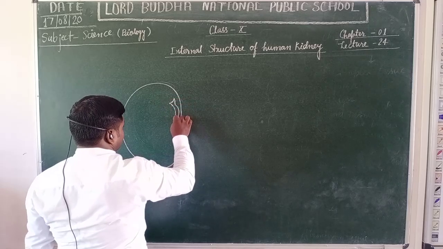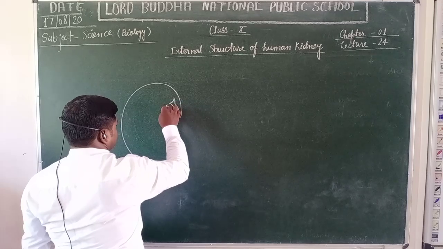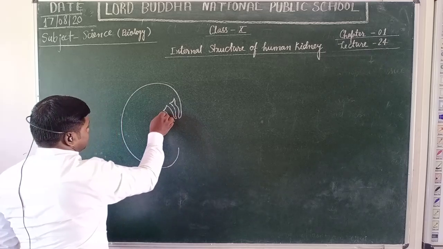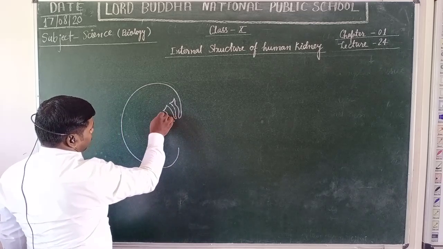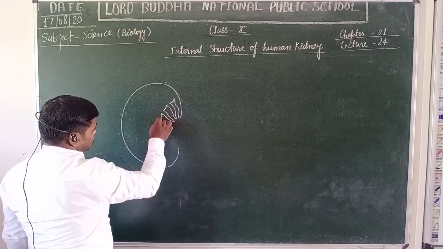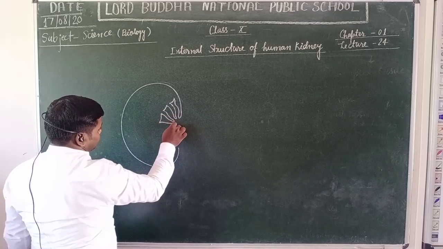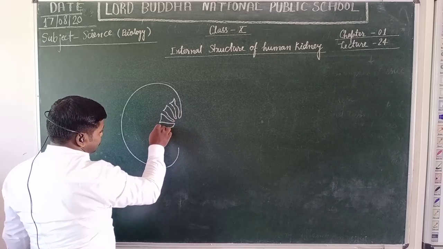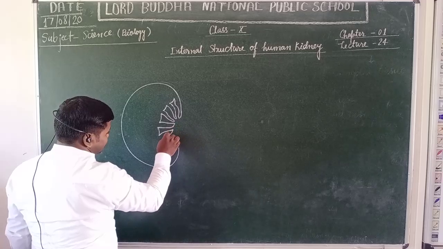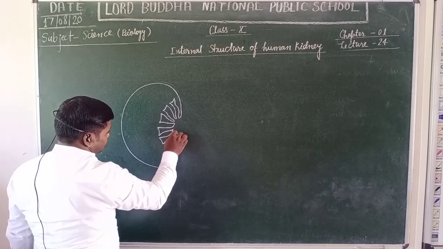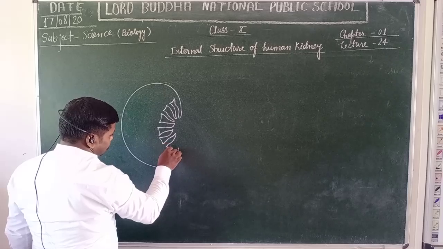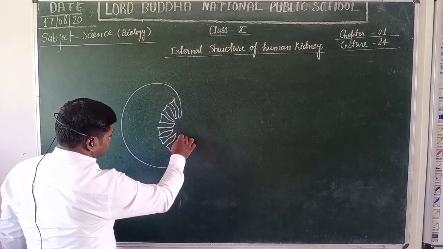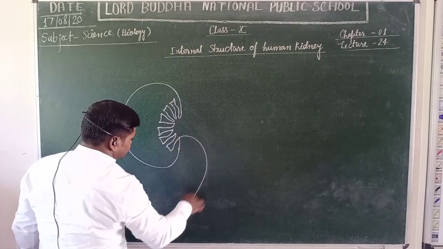This is the papilla that forms the calyx, on which the pyramid shaped structures are present, that are called the pyramids. The number of pyramids in each kidney is from 7 to 9, and we will clearly understand the function and structure of the pyramids with the help of the diagram.